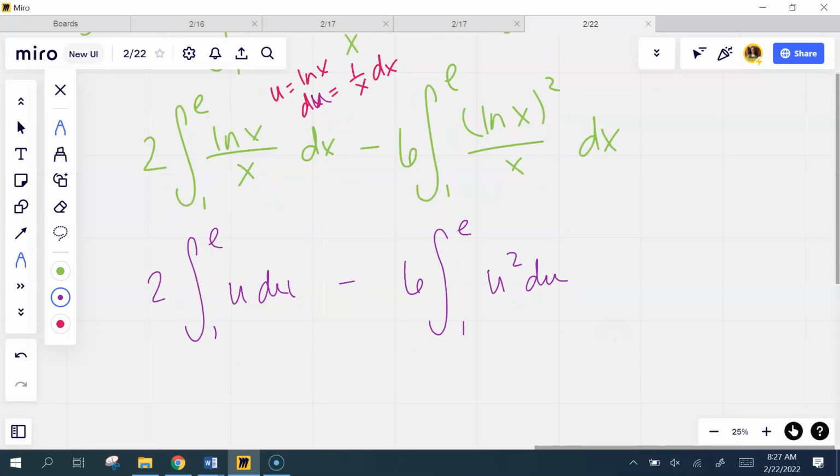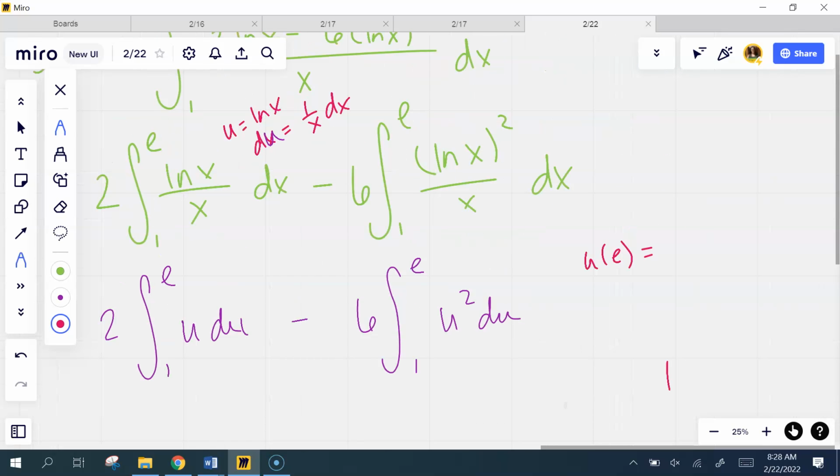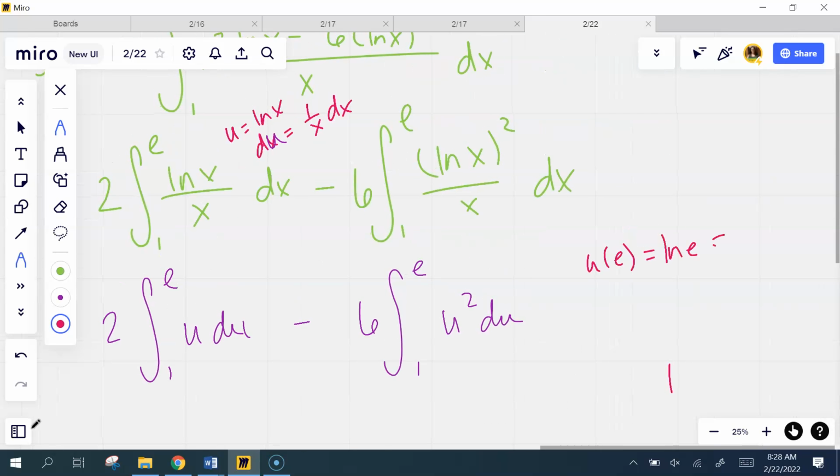If you're going to keep them, otherwise you'll have to plug in later. So I did u of e, which would be the log of e, which is 1. And then u of 1, which is the log of 1, which is 0. So those bounds change, 0 to 1.